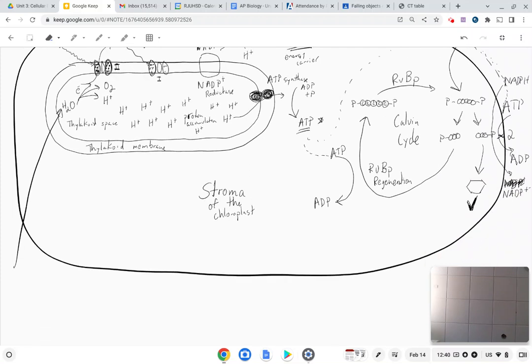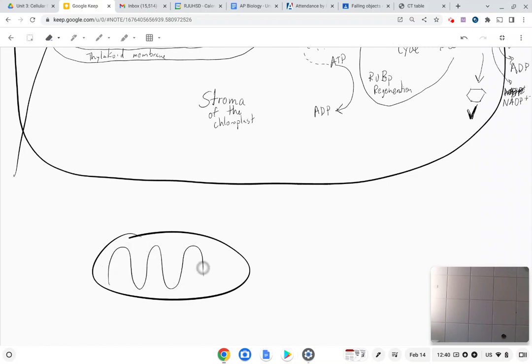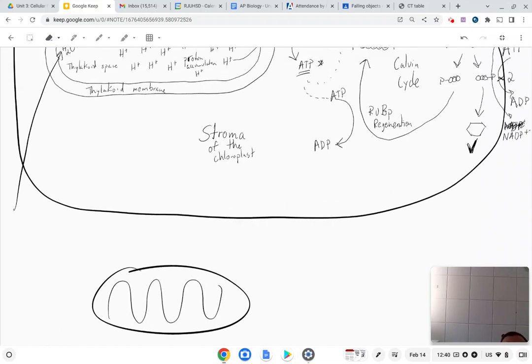Okay, the only other thing to consider that's kind of interesting is that there's sort of this complementarity. So imagine you've got a mitochondria over here. The outputs of the mitochondria are the inputs to the chloroplast. Did you guys ever notice that?